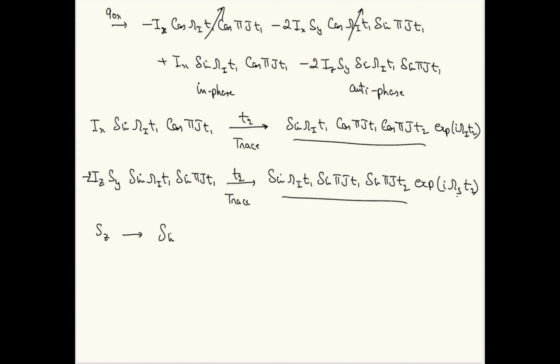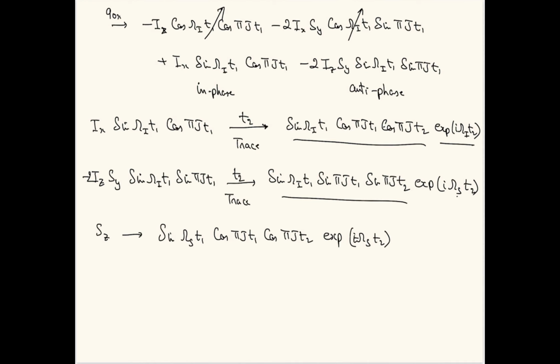So you will have sine omega S t1 instead of omega I. Now I'm writing omega S, cos pi J t1 cos pi J t2, and now instead of omega I I will write omega S, exponential i omega S t2.